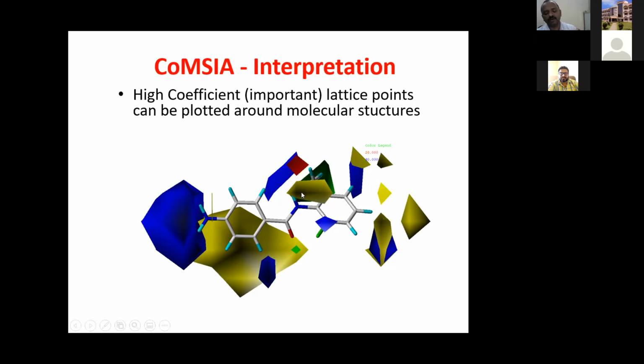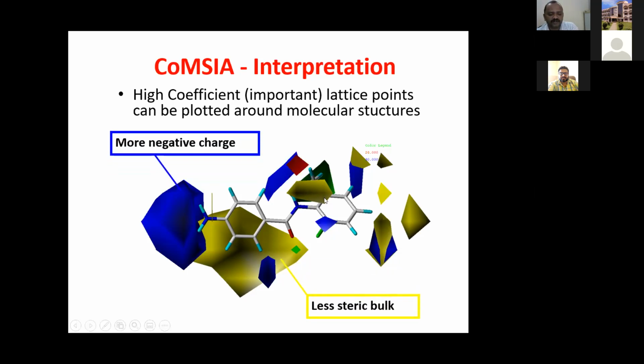That means in a newer molecule, here you should not do steric extension, here you should do the steric extension. This side you should not do, the other side you have to do the steric extension. Here you have to keep electronegative groups like nitrogen, oxygen, fluorine. Here there should be electropositive groups like hydrogen, for example. So that is what we do, and this is how we interpret it.